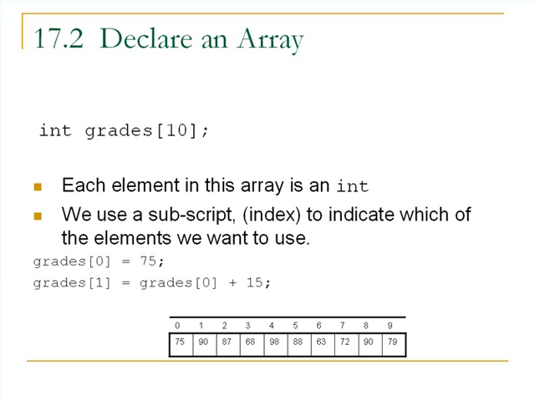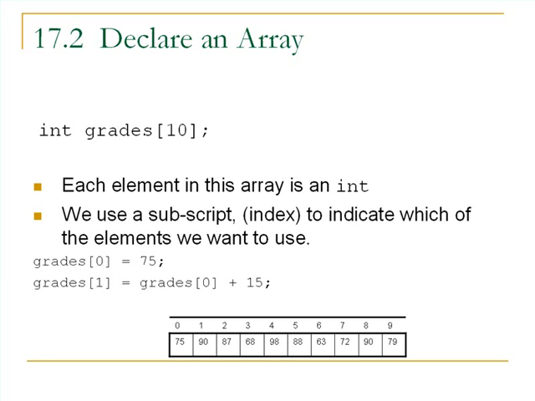Each of the elements can be used the same as you would use an int variable. So grades sub 0 gets 75 means put 75 in that first box in the array. Grade sub 1 gets grade sub 0 plus 15. So what goes in the box grade sub 1?